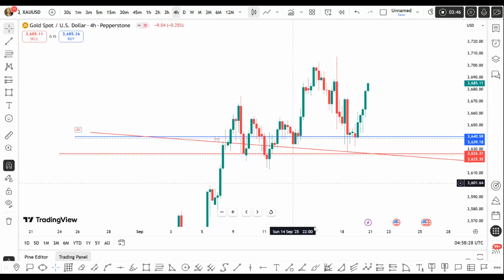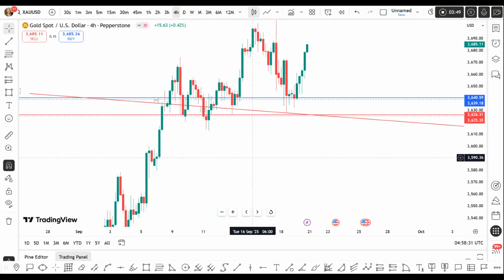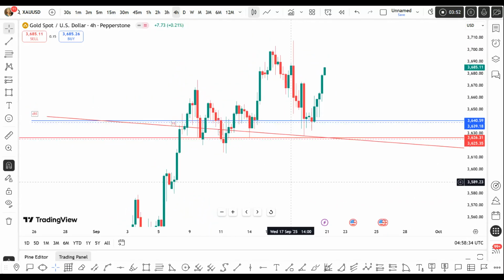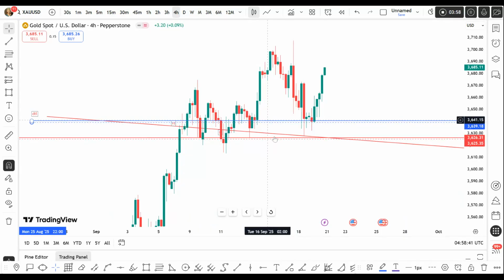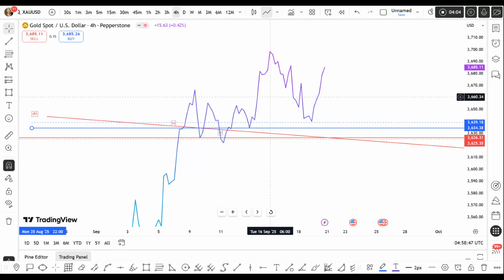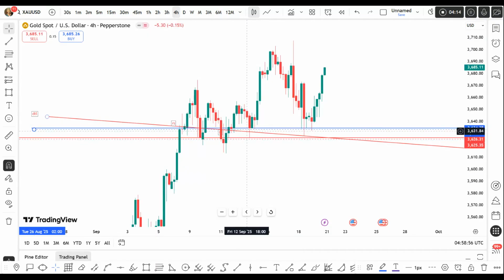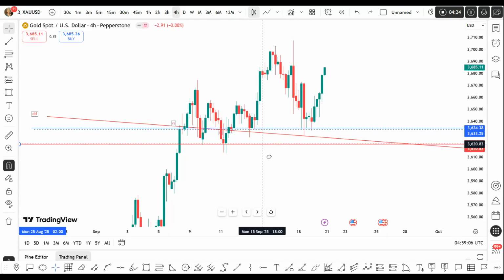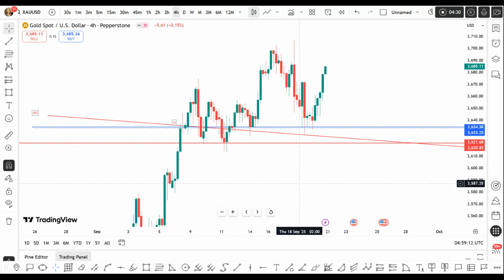So we'll make an adjustment. And we make another adjustment. And this 4 hours close. Yeah, so we're going to be on 4 hours and the daily.